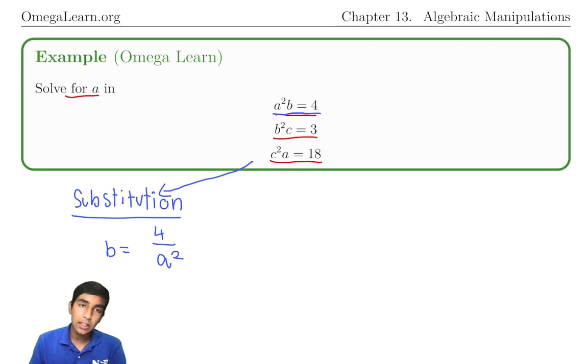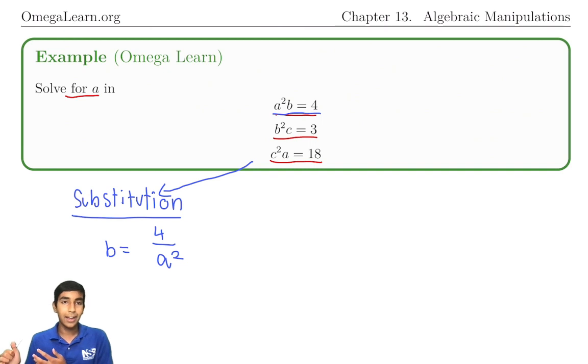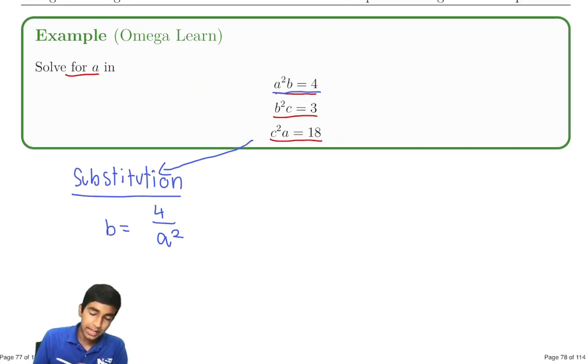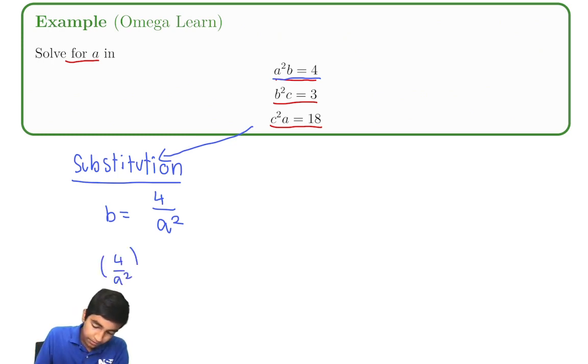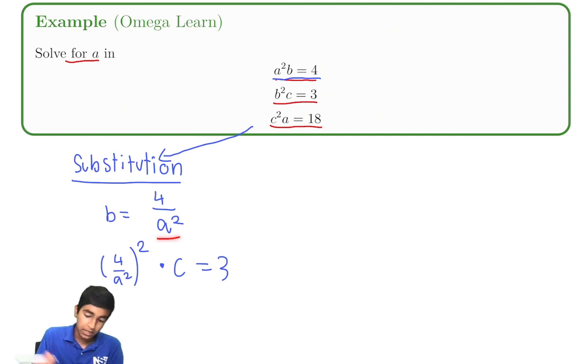Now, can we plug this into the second equation to solve for c in terms of a? Of course we can. The second equation states that b squared c equals 3. So 4 over a squared, squared, times c equals 3, right? Because 4 over a squared is b.